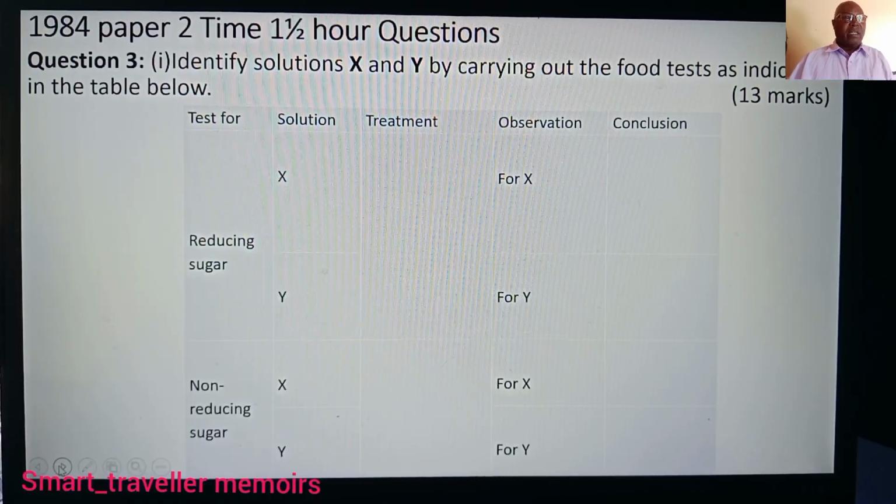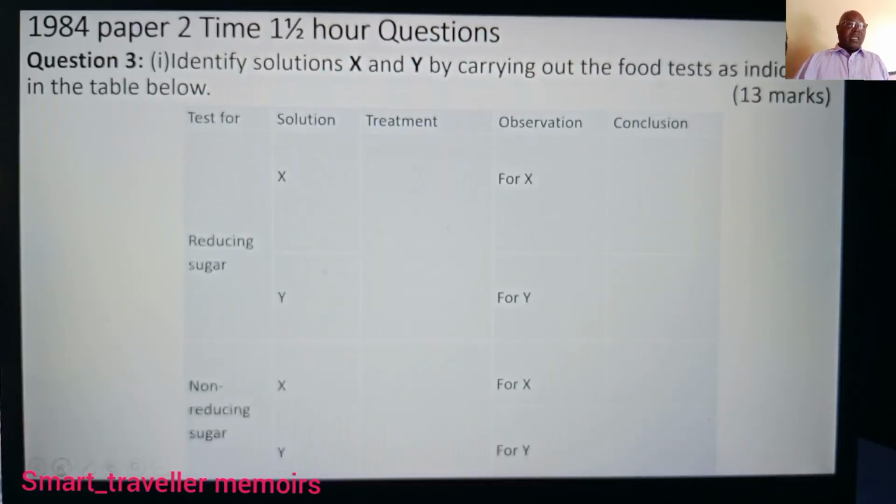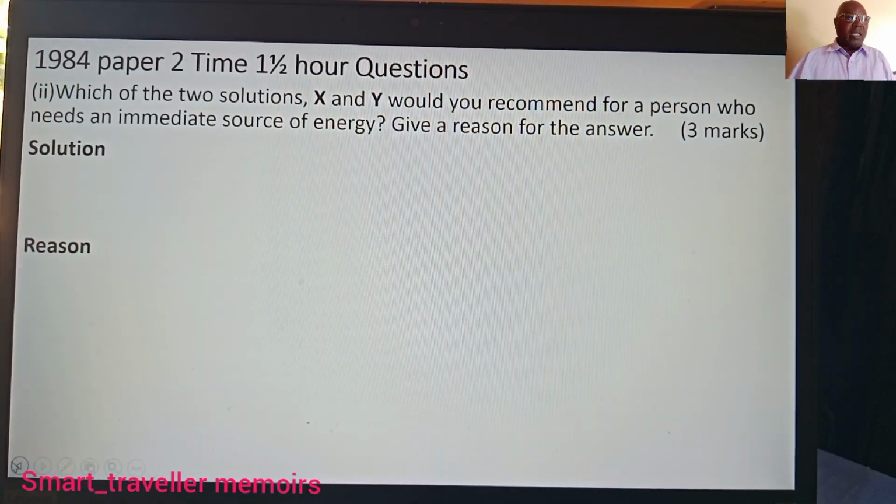And finally, conclusions for solution X, solution Y for reducing sugars, and finally, conclusions for X and Y for non-reducing sugars.